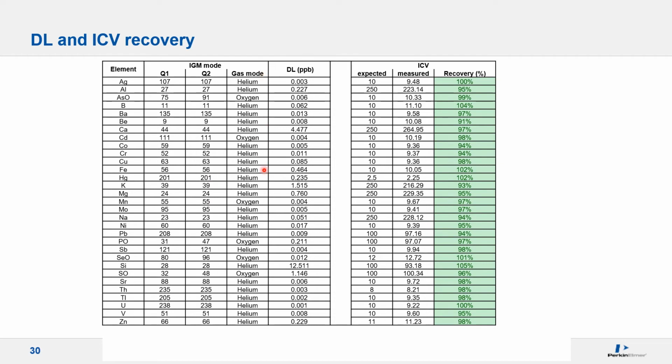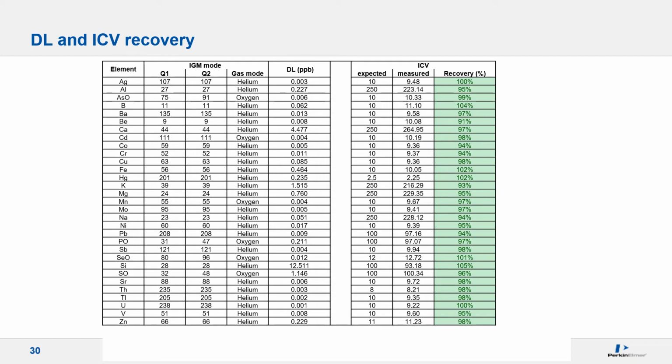The gas mode can be seen here. Any element, such as selenium oxide, where the first mass and the second mass are different, will be used in mass shift mode. However, there are some elements that we just used oxygen to remove the interference, such as cadmium 111.